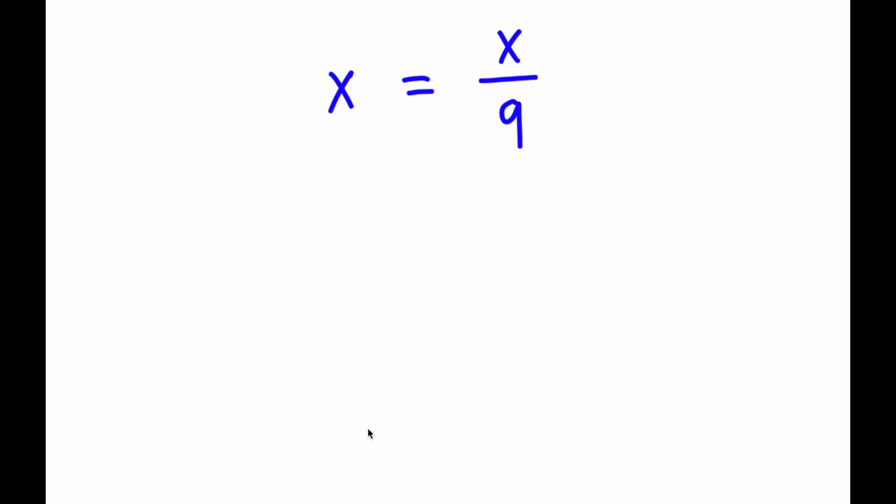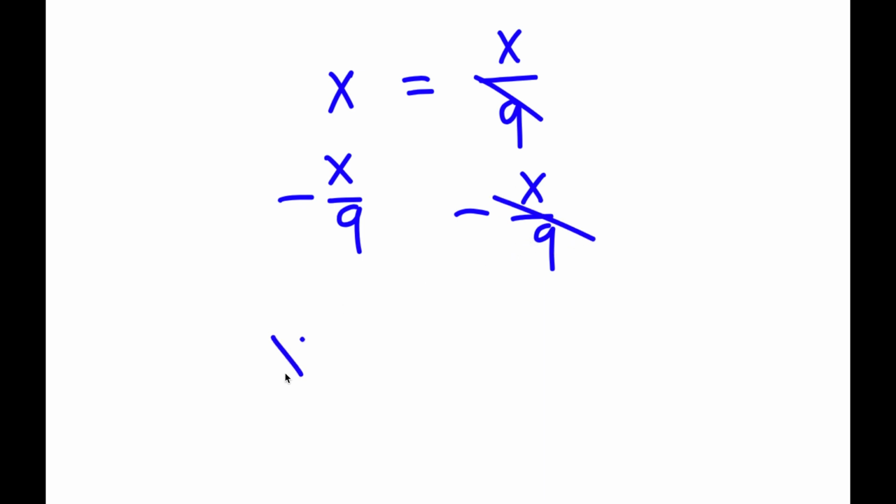Alright, so in this problem, I have x is equal to x over 9. So, to solve this, I'm going to first start by subtracting x over 9 on both sides. So now these two cancel out, and now I have x minus x over 9 is equal to 0.